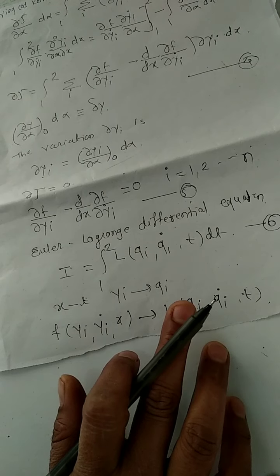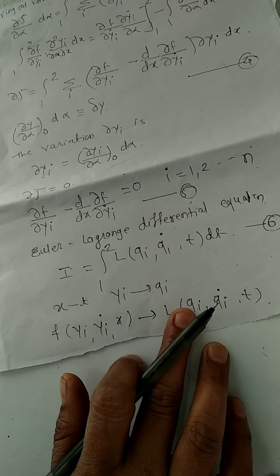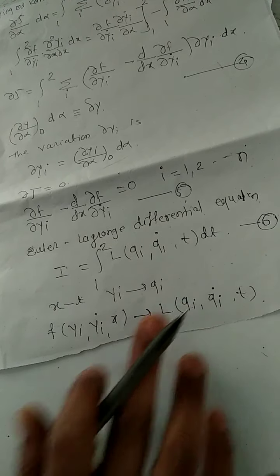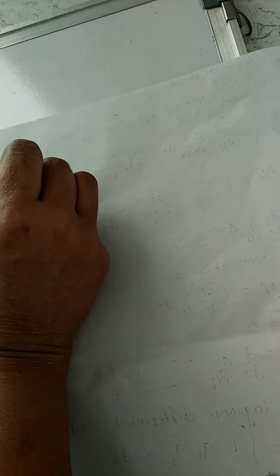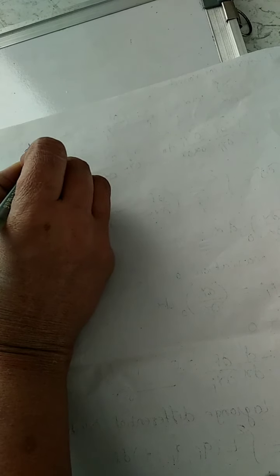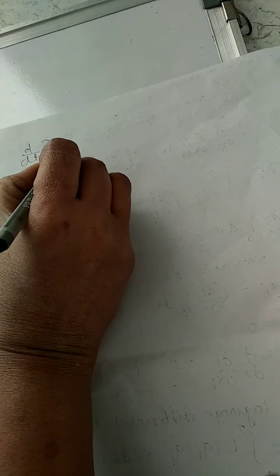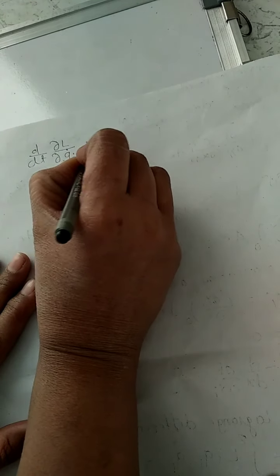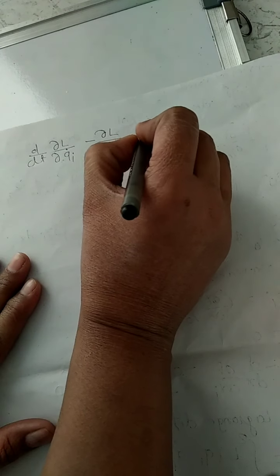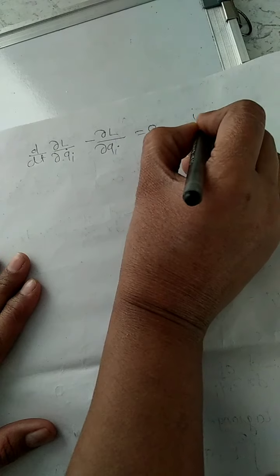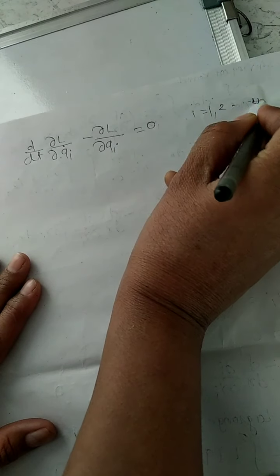The Euler-Lagrange equations corresponding to the integral I then become the Lagrange equations of motion, given by d/dt of del L upon del qi dot minus del L upon del qi is equal to 0, where i is equal to 1 to n.